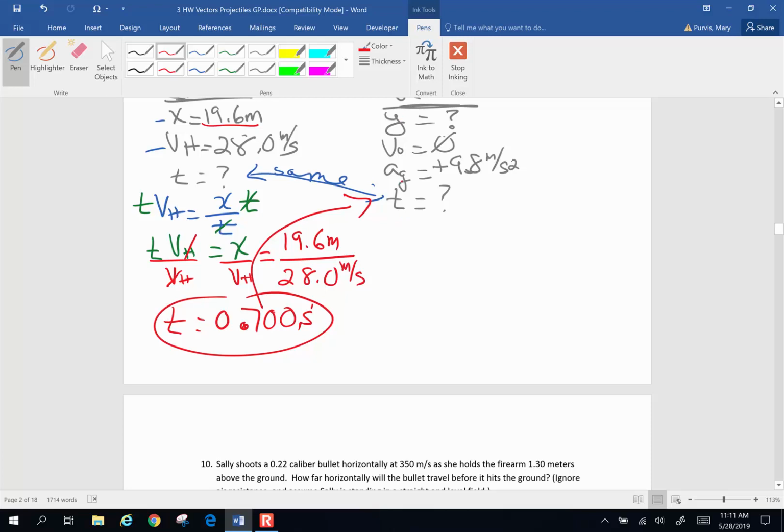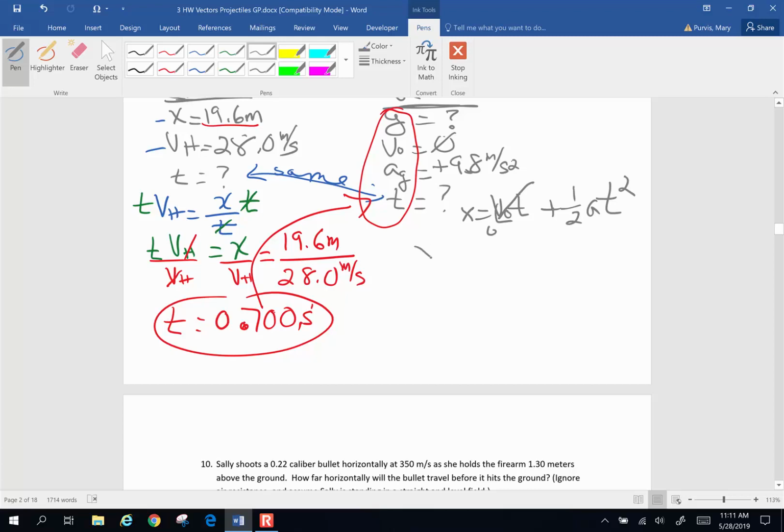Now the vertical information, if I analyze that set of variables, which equation has a displacement, v0, acceleration, and time? Well, the equation that comes to my mind is this one. x is v0t plus 1/2 at squared, the drop equation. If the original velocity is 0, this whole part goes to 0.